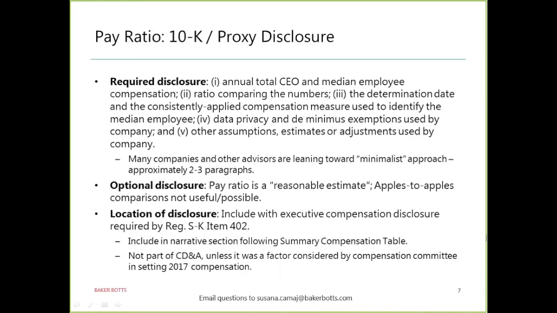If you take advantage of any data privacy or de minimis exemptions in scoping out your employee population, you would disclose that you are relying on these exemptions.